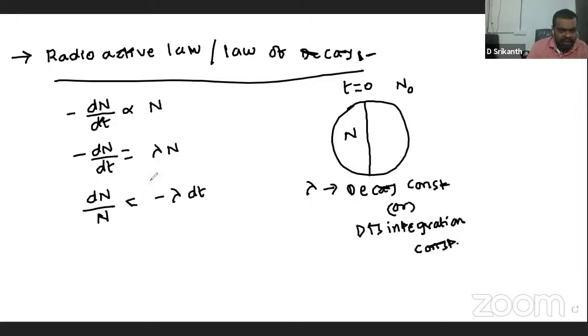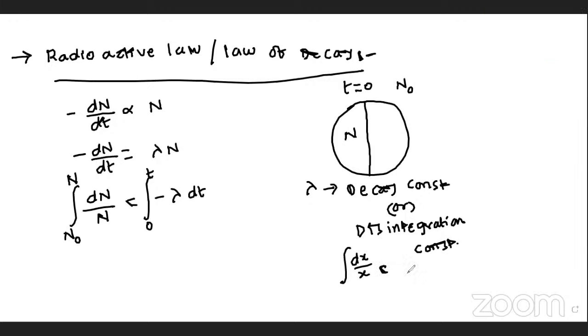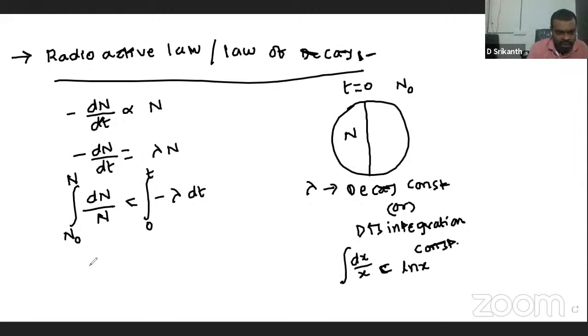In order to find the total number of nucleons at a time t, we integrate it. When time t equals 0, we have the number of nucleons as N naught. At a time t, we have the number of nucleons N. The integral of dx by x is ln x.